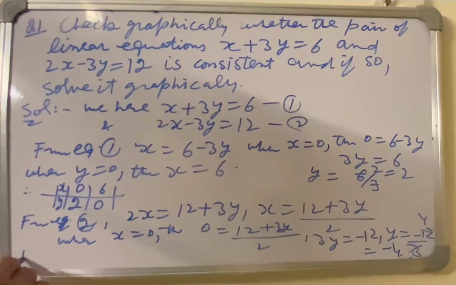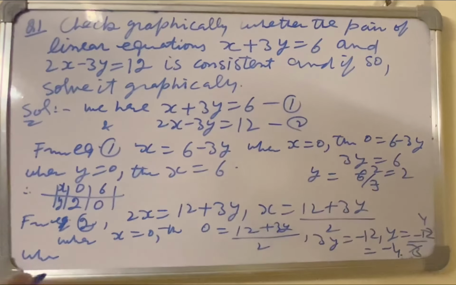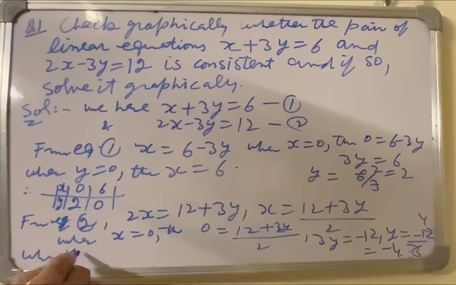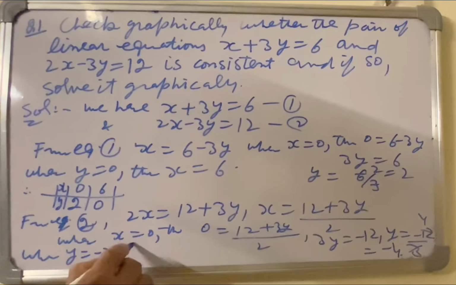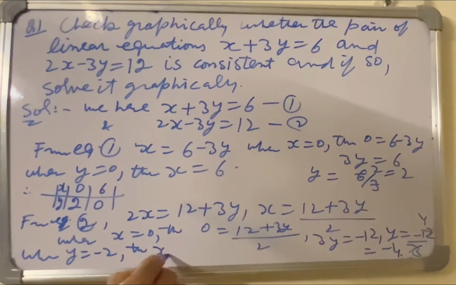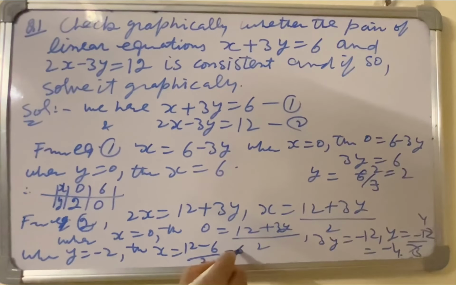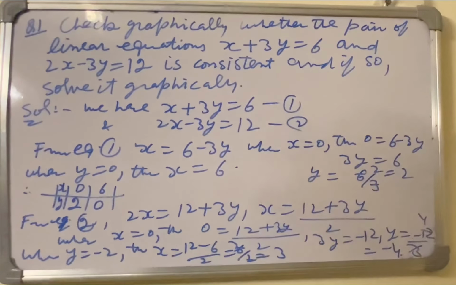Then, when y is equal to minus 2, then x is equal to 12 minus 6 over 2. 6 over 2 is 3.